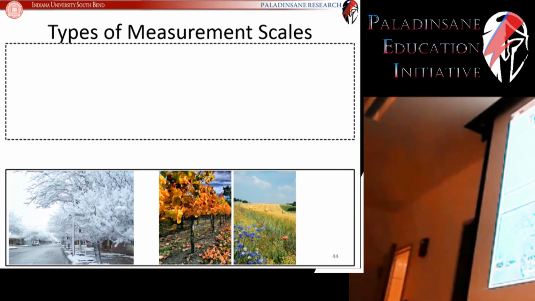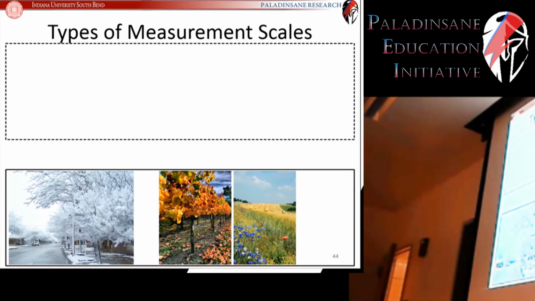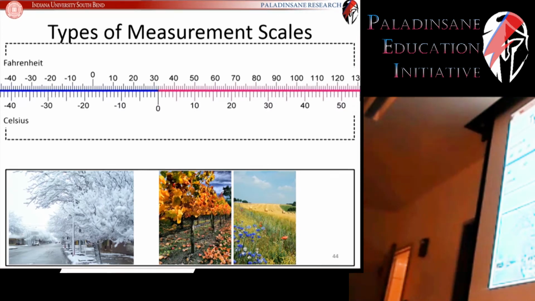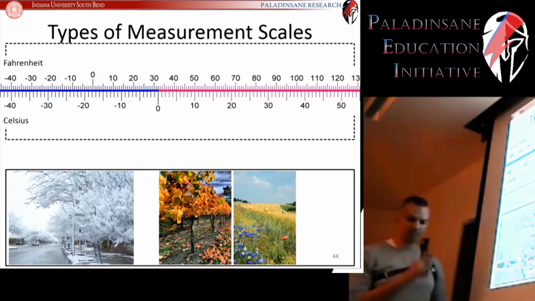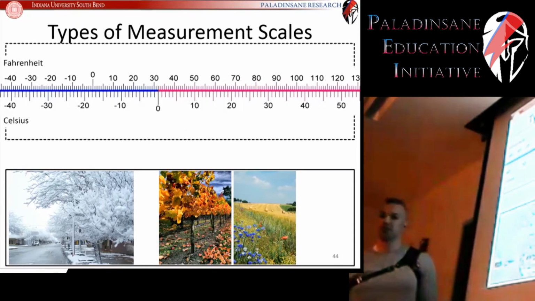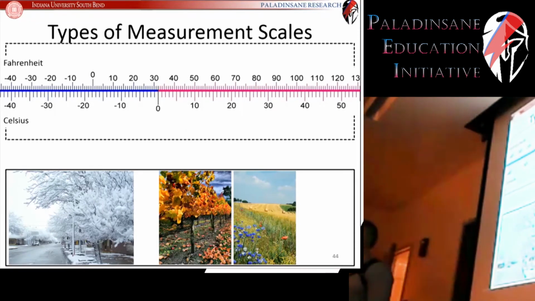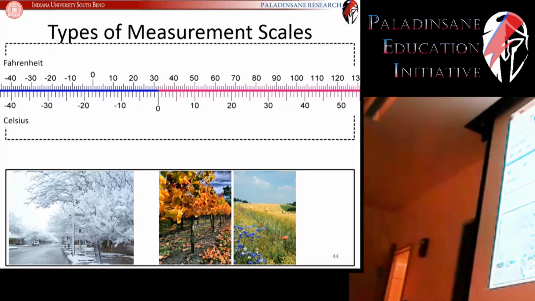And here we have a winter's day, here we have an autumn day, and then here we have a warm spring day. You can measure temperature. And there's two widely used interval scales that measure temperature. So here we got Fahrenheit, and here we have Celsius.